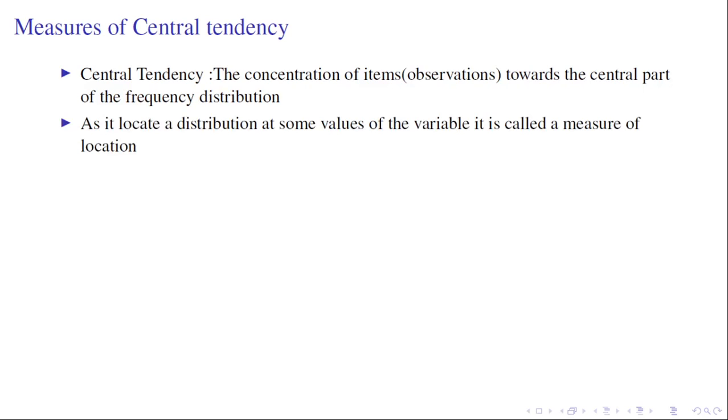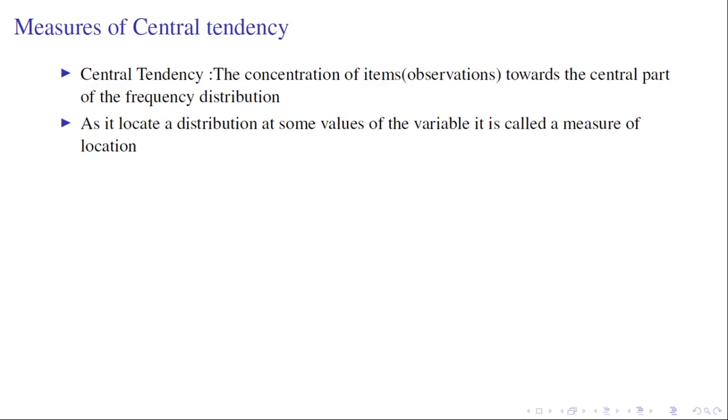The first characteristic of a frequency distribution is the central tendency. It is nothing but the concentration of items or observations towards the central part of the frequency distribution. This is the definition of central tendency.